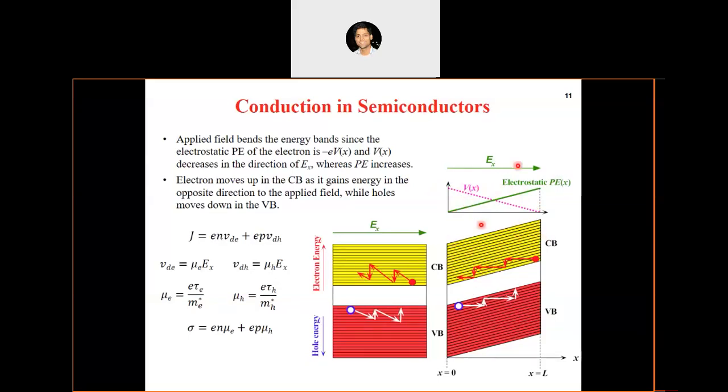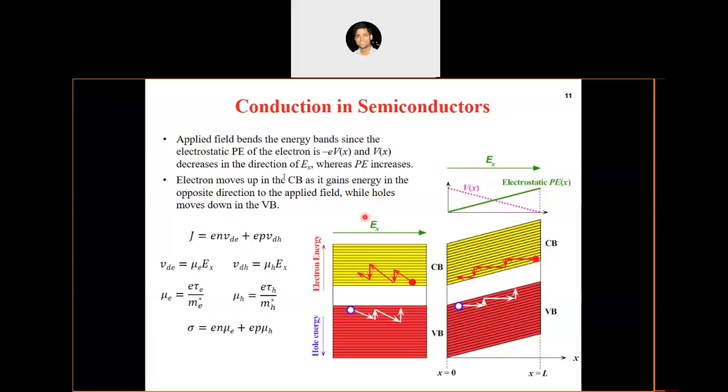So if you look at this, the energy of the conduction band at this point should be higher, right? Because what we are plotting here is the electrostatic potential energy, not the potential. So the potential should be higher at x equal to L in comparison to x equal to 0.